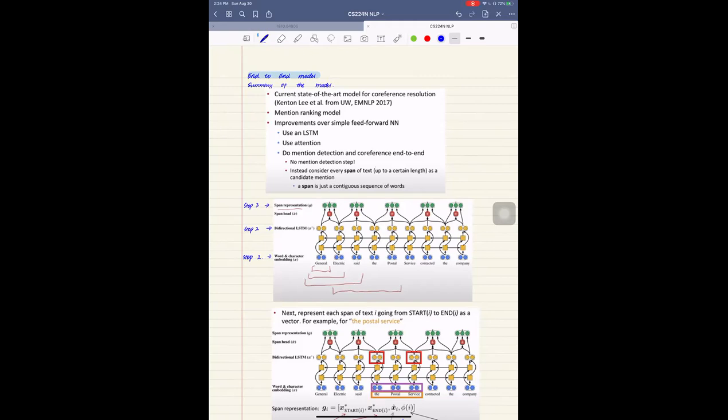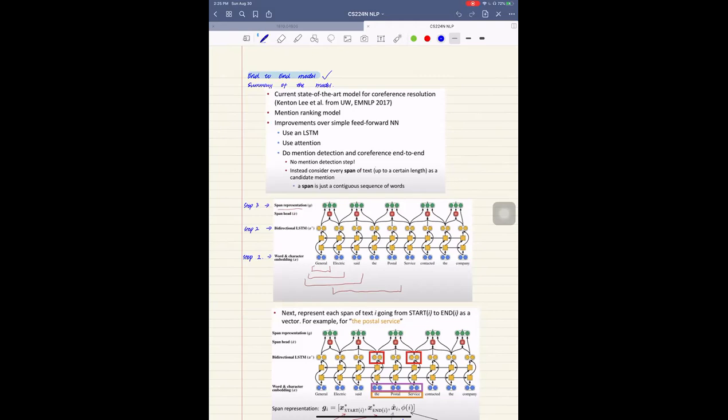We had to do part of speech tagging, or named entity recognition, and after that a second step of clustering. So someone asked, why not propose a model that does everything from beginning to end in just one step, so we don't have to go through several steps? That's the end-to-end model.